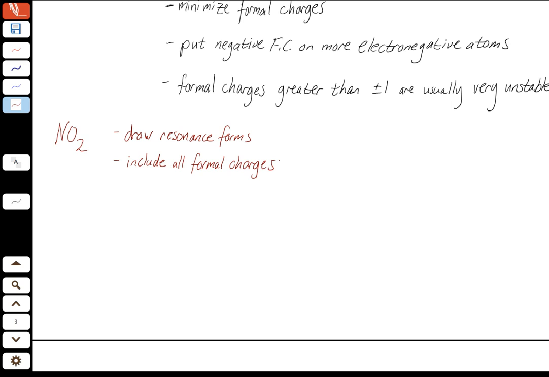All right, get some structures. Don't forget about those formal charges.